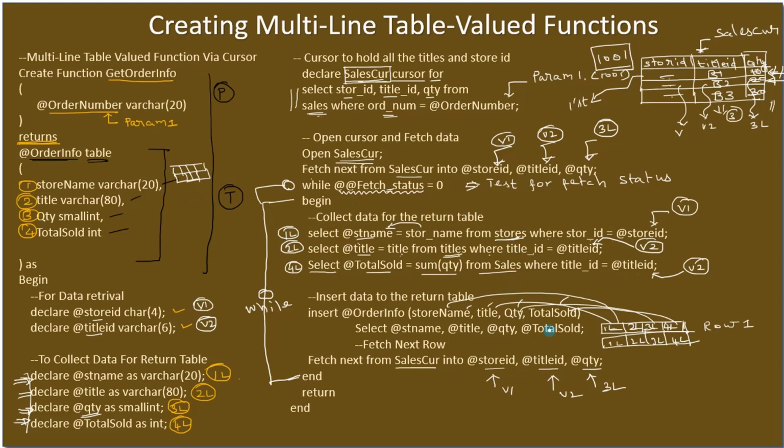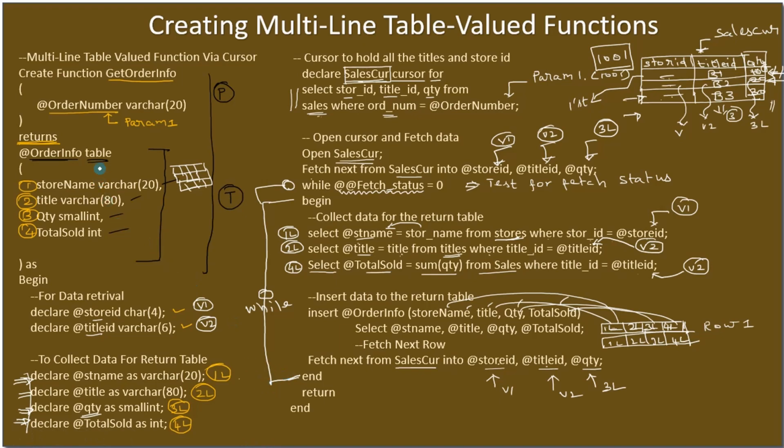Right. Likewise, we are filling the return table, and once the cursor is here, we will form the third row, and when you call fetch next, there is no more row and nothing will get filled here, and when we test fetch status, we won't get 0 because fetch failed. There are only 3 records on the cursor, so we will come out.